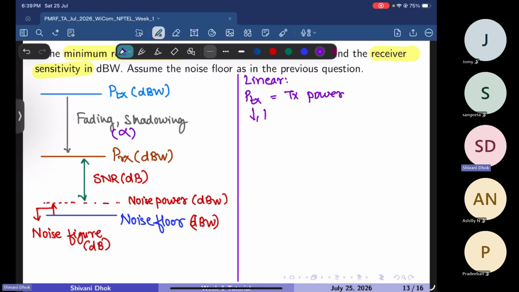When you see fading and shadowing, your received power becomes alpha times PTX. This is in linear. Okay, and this alpha is less than 1.